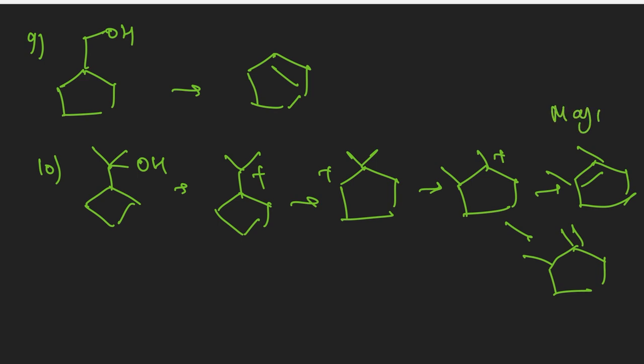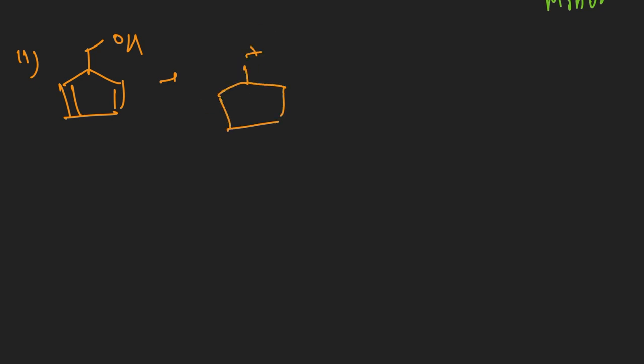Now we are not counting the transition states; it will be very lengthy. We have OH here, so first of all the carbocation will generate. Now the ring will expand, and now benzene will form.